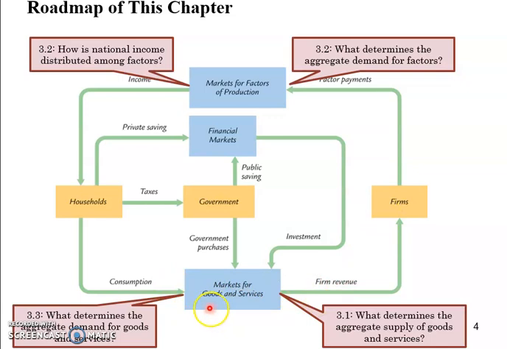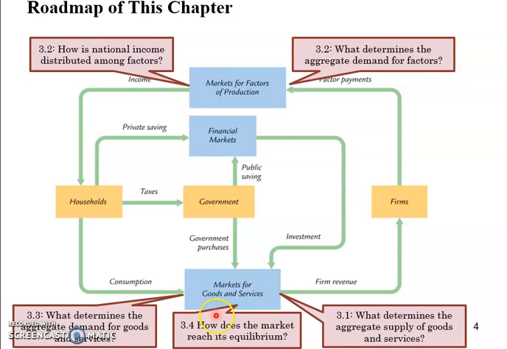That's the third section of this chapter. Finally, in the last section of this chapter, we're going to put supply and demand together on this market for goods and services and talk about market equilibrium. Once we know supply and demand, we can find the equilibrium, and we can also talk about what determines it.